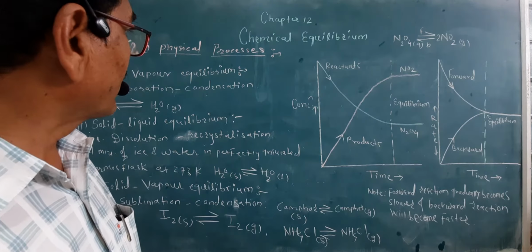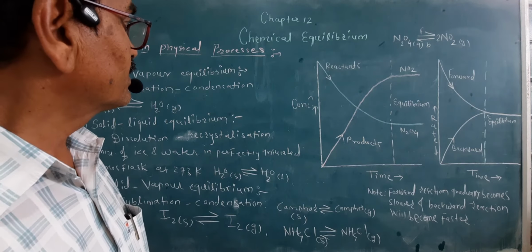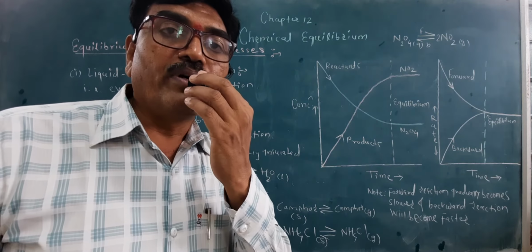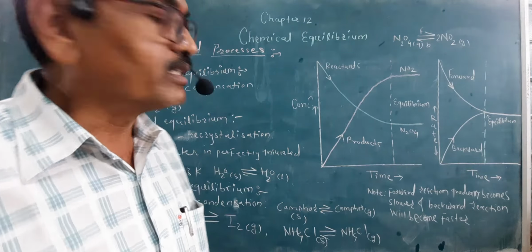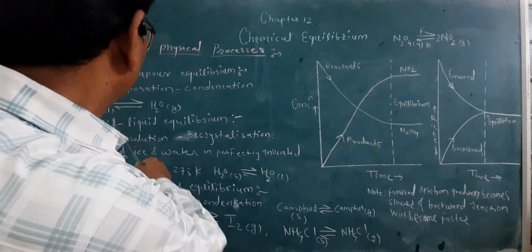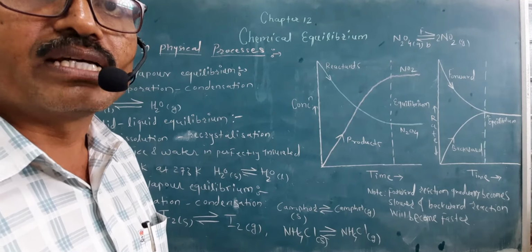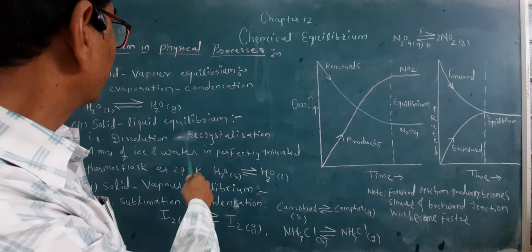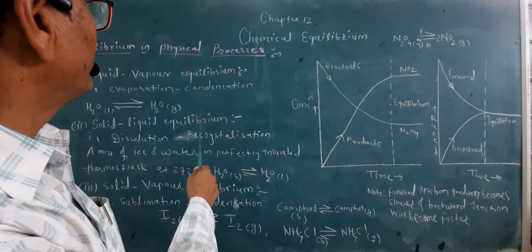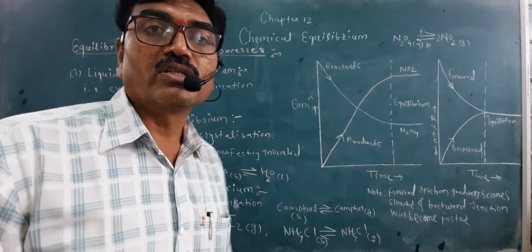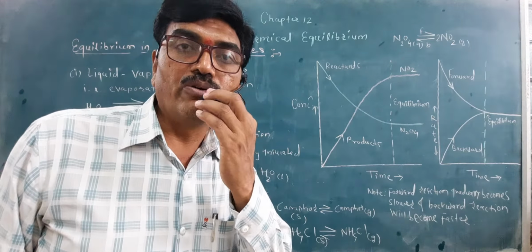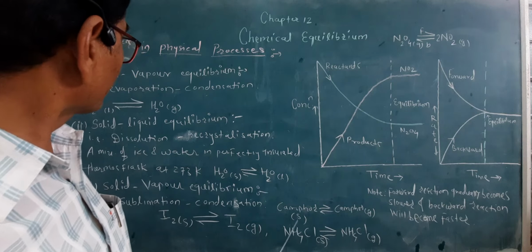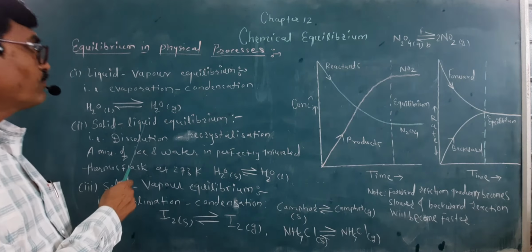After some time the reverse process starts, that is, some of the molecules from the vapor phase return back to the liquid. That is called condensation. In order to understand how the liquid vapor equilibrium exists, you can watch the video based on solutions.